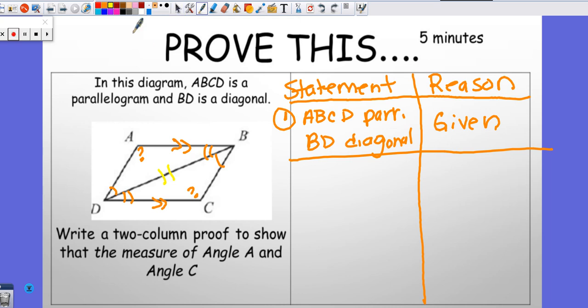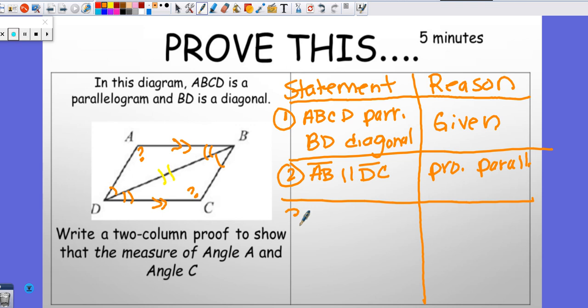Okay, so let me get going again. So number 2 tells me that AB is parallel to DC. That's property of a parallelogram. And I'm writing shorthand, guys. Number 3, I can say that if these are parallel, then I know BD is a transversal.